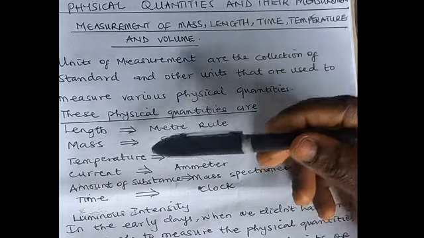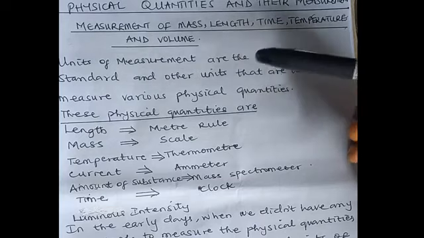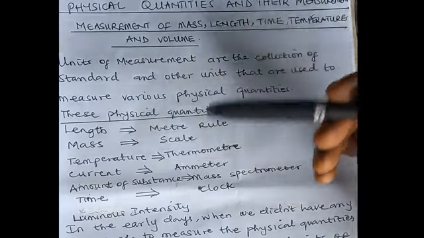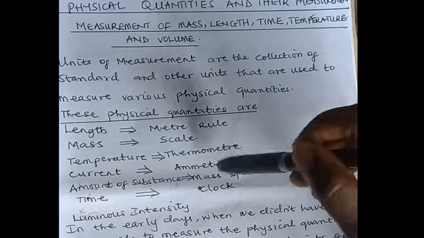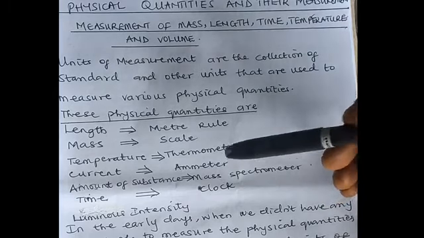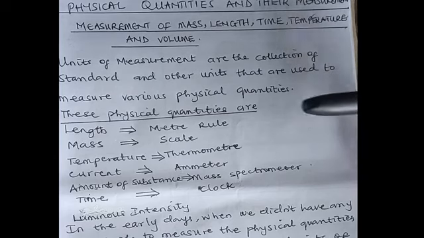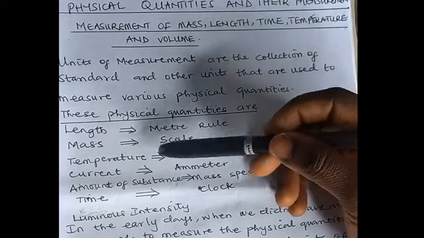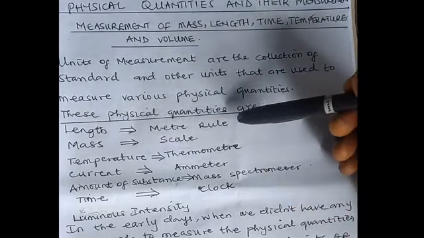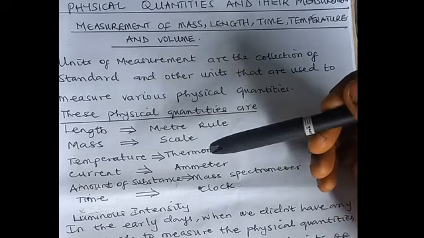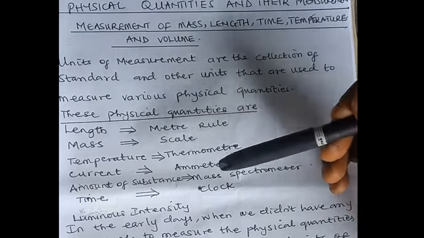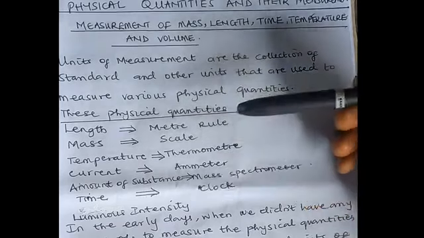Temperature is the degree of hotness or coldness of a body. Yes, we can say the body is hot, the body is cold, but we really need to know the extent to which the body is hot. So we need to take values or readings, or assign readings to all these parameters or physical quantities. Other examples are current, amount of substance, time, and luminous intensity.